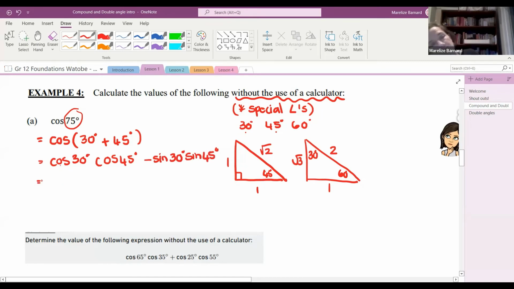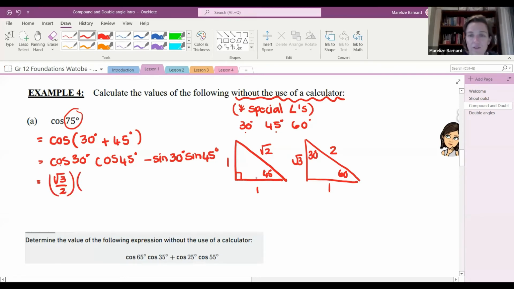So cos of 30, we go to our special angle triangle, and we find the ratio for cos 30, adjacent over hypotenuse. So that is root 3 over 2.